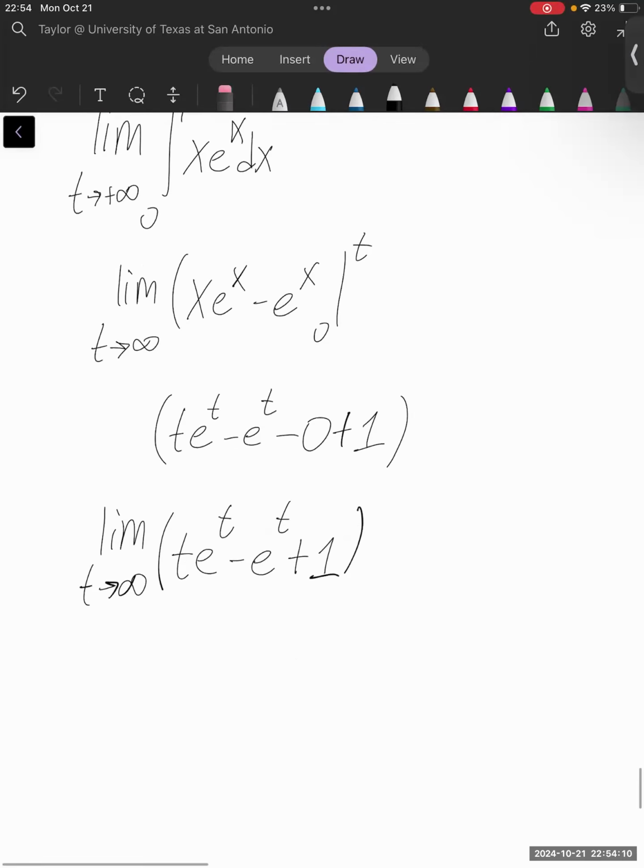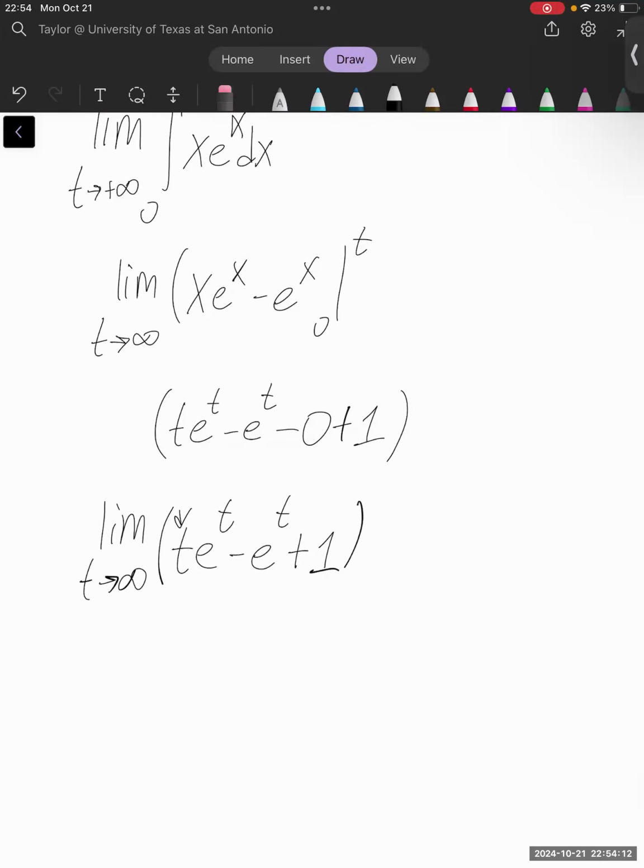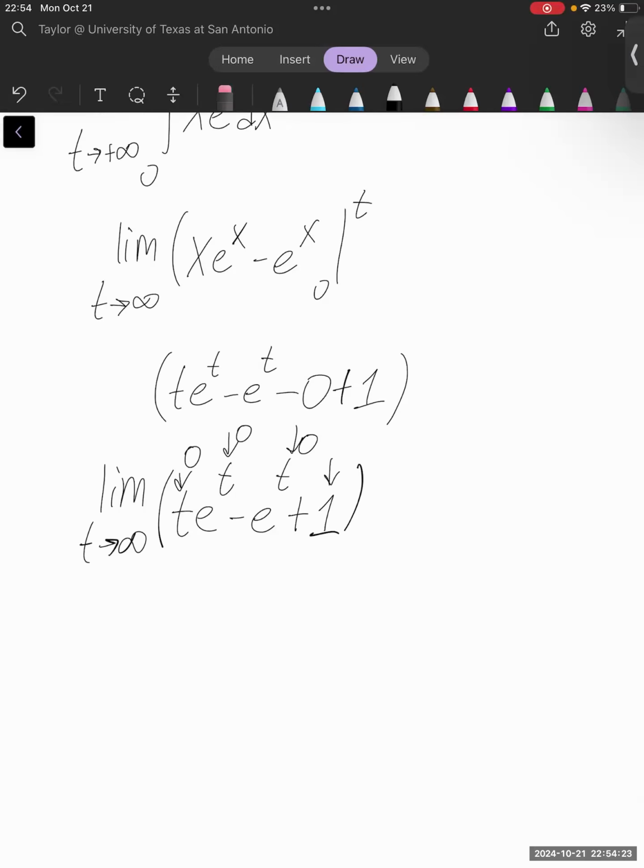I take all of these expressions to infinity. This goes to infinity, this goes to infinity, this goes to infinity, this goes to 1 because we're not taking any limits. So I know that this diverges to infinity.